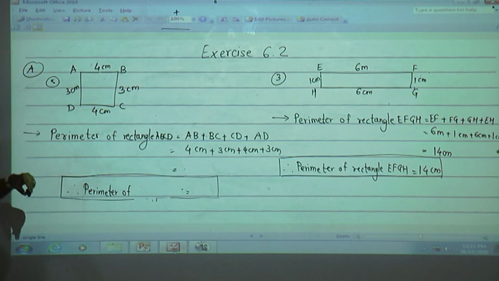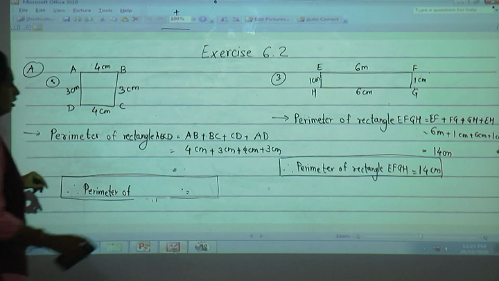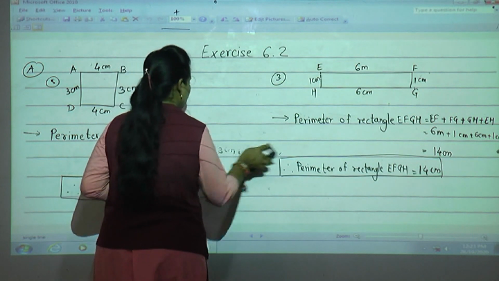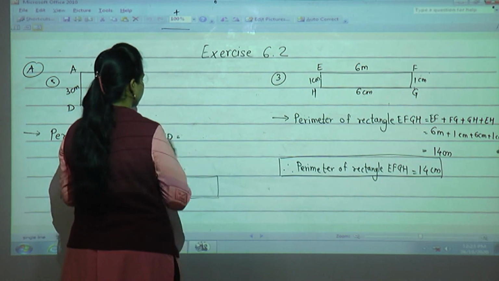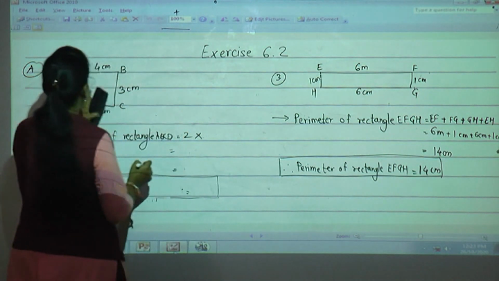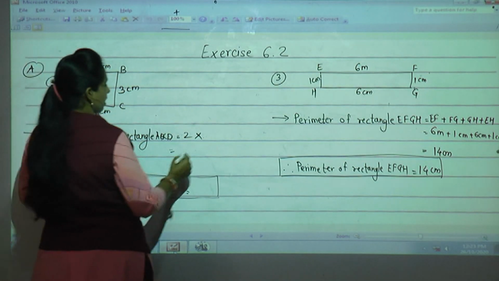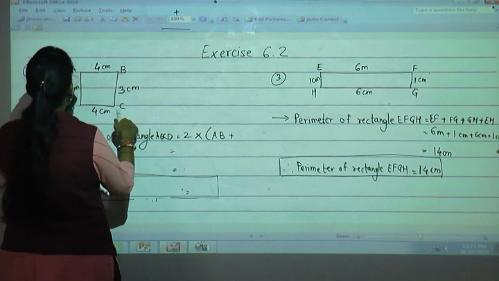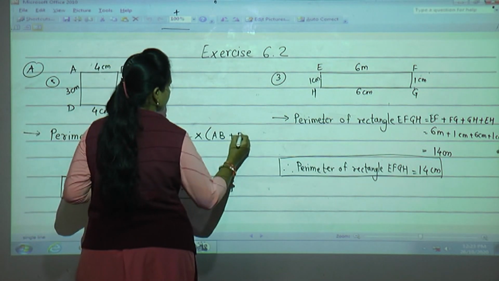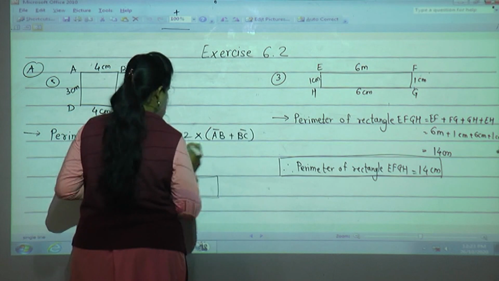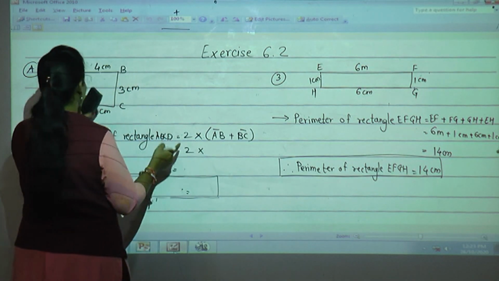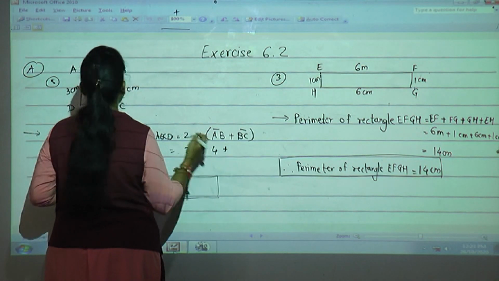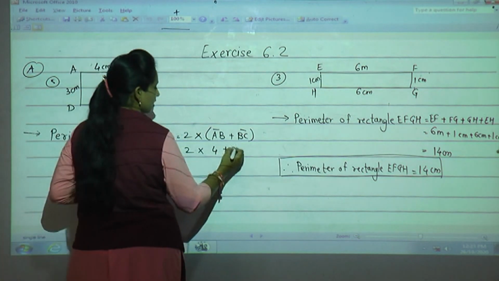See, here we will use the second method. How? 2 multiplied by AB, and CD is the same so I will write only AB, plus BC, and AD is the same so I will write BC. Now 2 multiplied by, what is AB? 4 plus BC is 3.